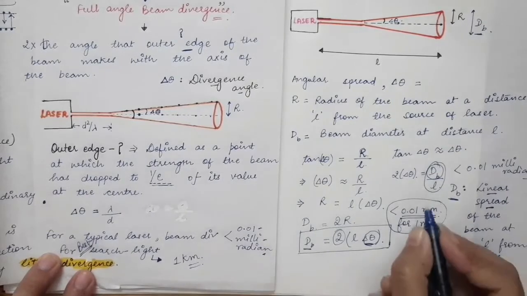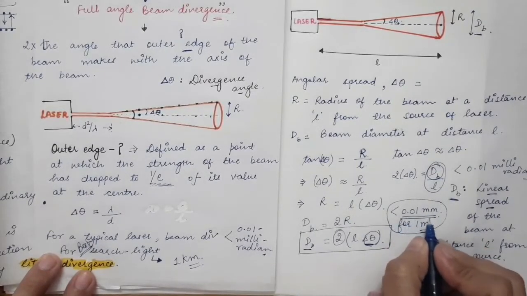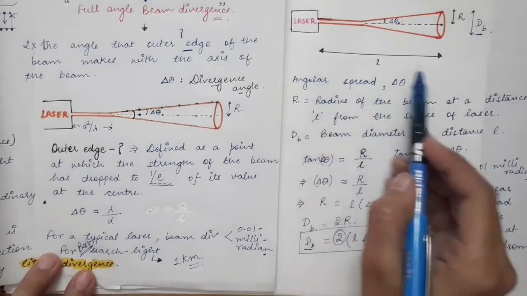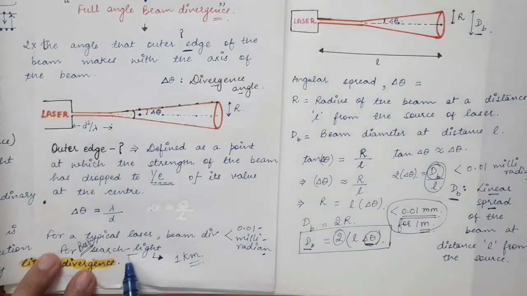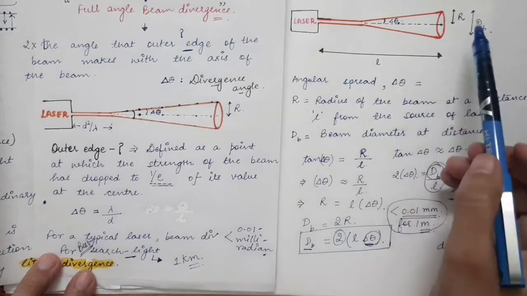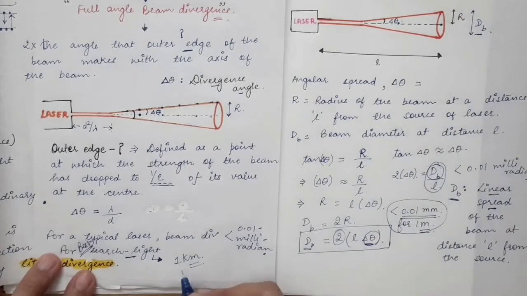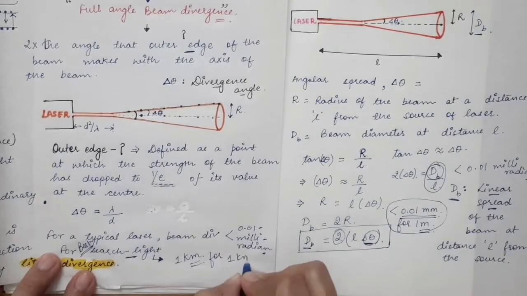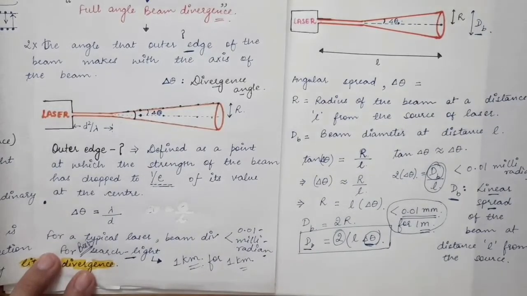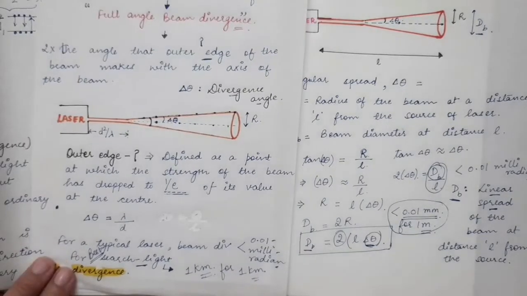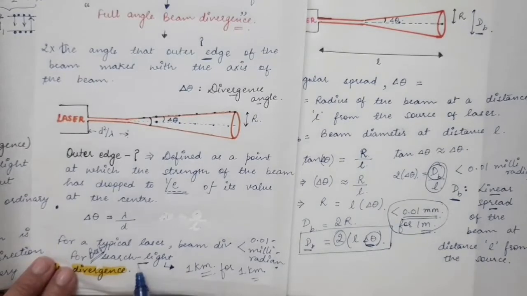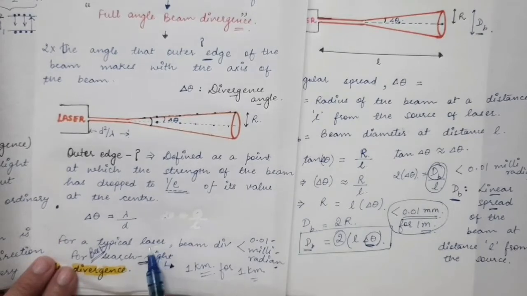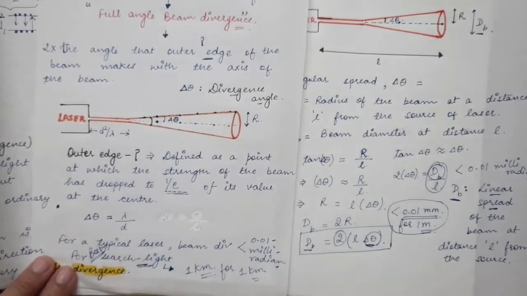So for the case of a laser, it is less than 0.01 millimeters for 1 meter of distance traveled in space, whereas for the case of searchlight, the linear spread is about 1 kilometer for 1 kilometer distance traveled in space. So from here you can clearly see that divergence for the case of ordinary light sources is very large as compared to the typical laser.